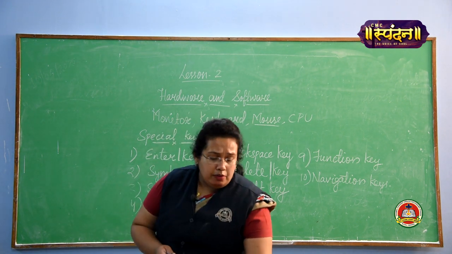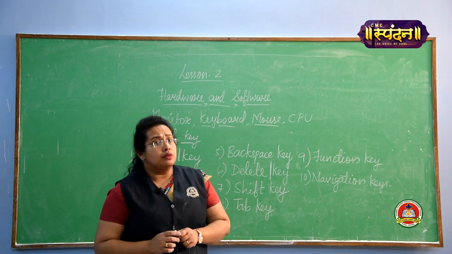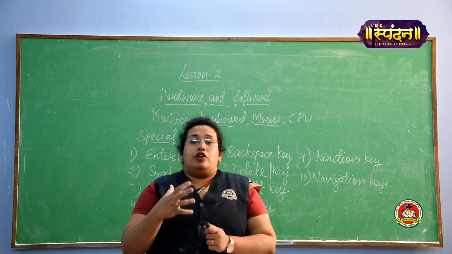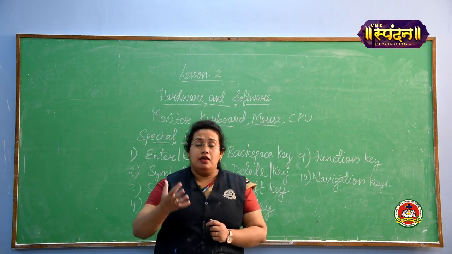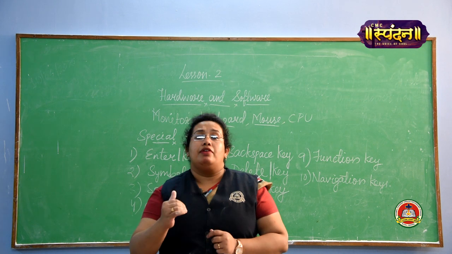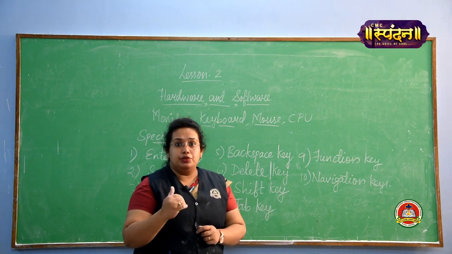So now next we will move to the storage device. Storage means whatever we learn from the books, whatever we learn from somewhere, we keep it in our mind, we store it in our mind. In the same way, if you want to store something in a computer, you need a memory.